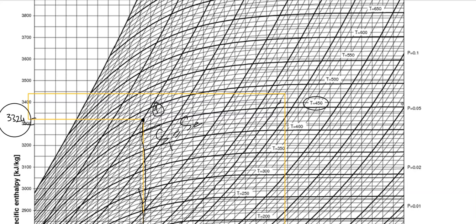So that means 460, 470, and 480. So this line is actually the line of 480 over here. Yes, so this point is 480. This is my point 3. Point 3 is 0.7 megapascal and a temperature of 480 degrees centigrade.